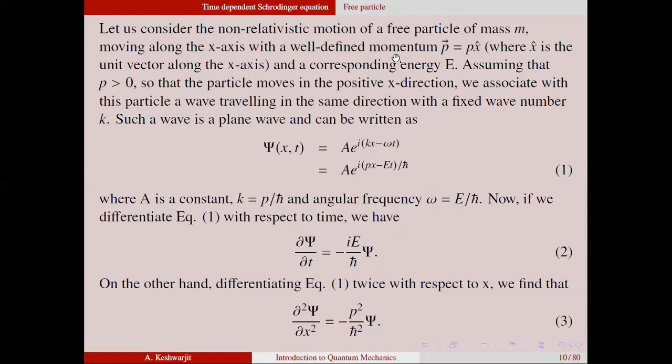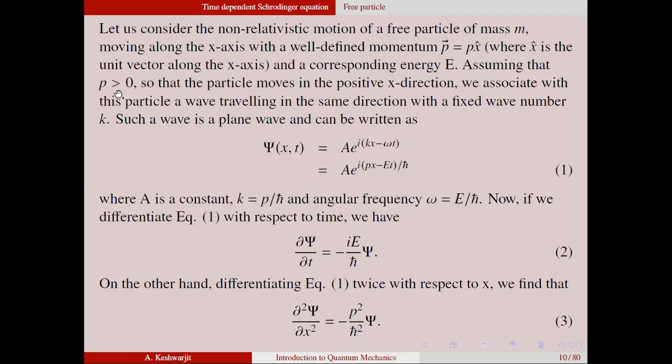Then this free particle has a well-defined momentum. That is, the particle is moving along the x-axis with a momentum small p, and the particle has a kinetic energy capital E.